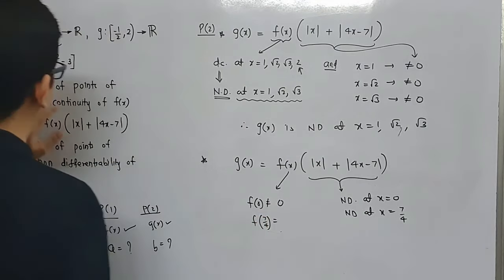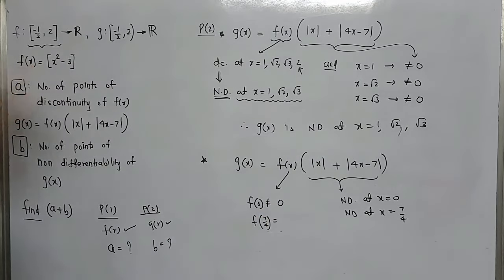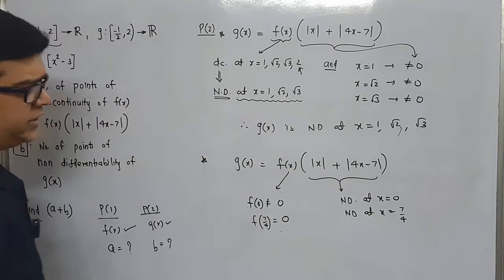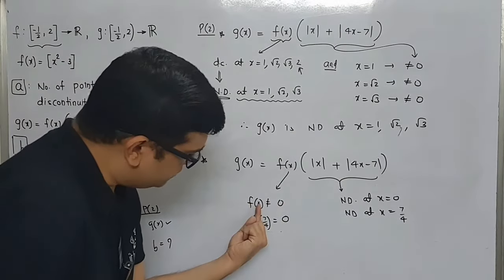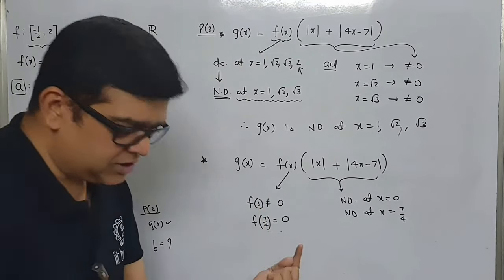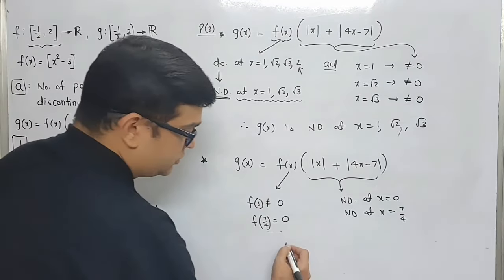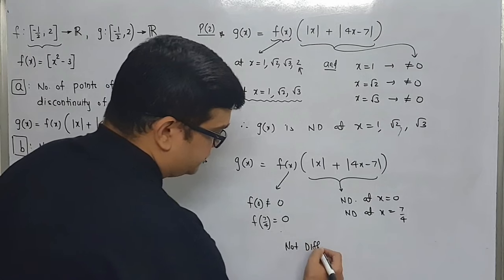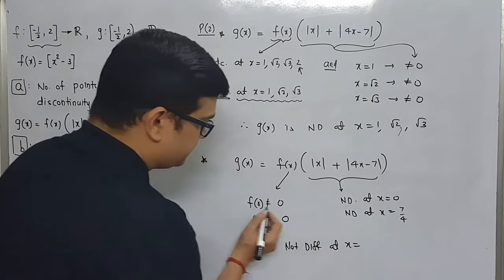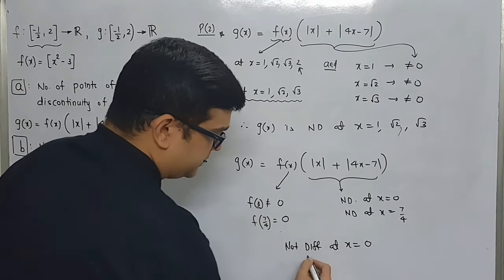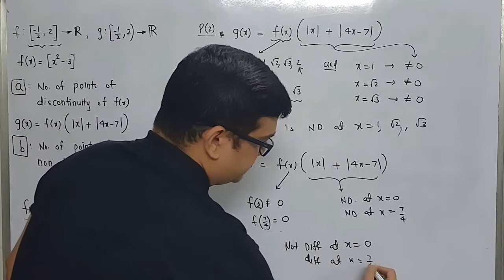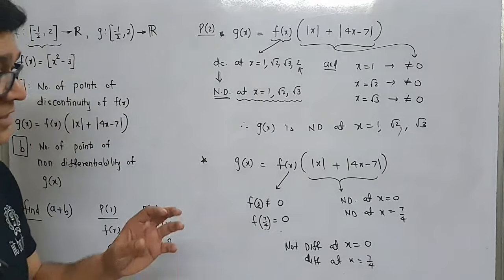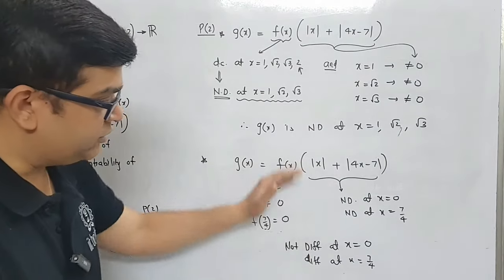And when you calculate the value of this function at 7 by 4, that comes out to be 0. You can do the calculation. Now that means this function is not differentiable at 0 and differentiable at 7 by 4. So this is not differentiable at x equal to 0, and it is differentiable at x equal to 7 by 4. Please watch that trick again and try to apply this.